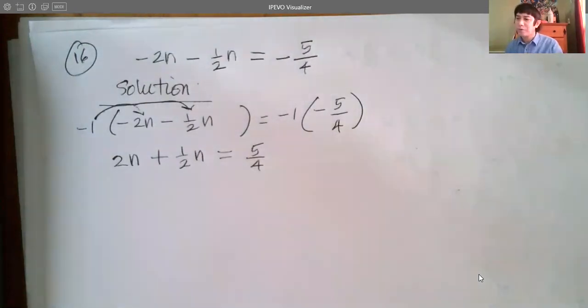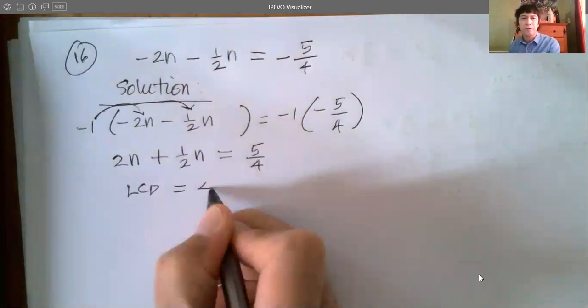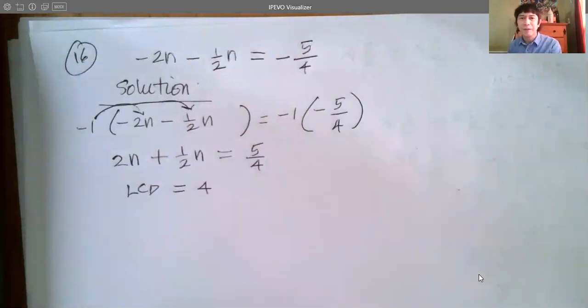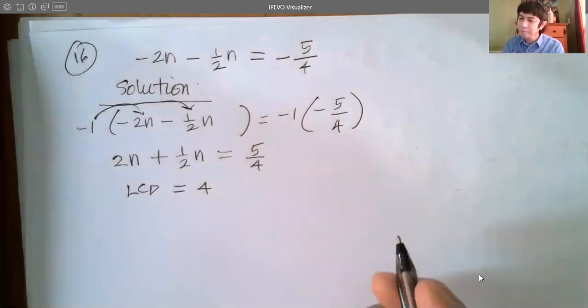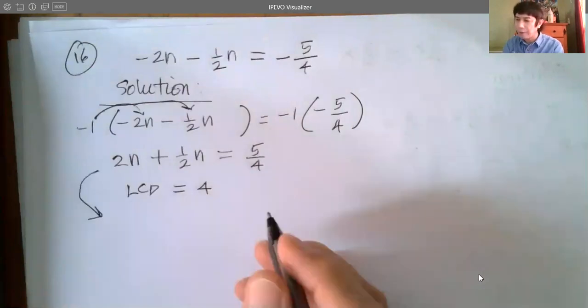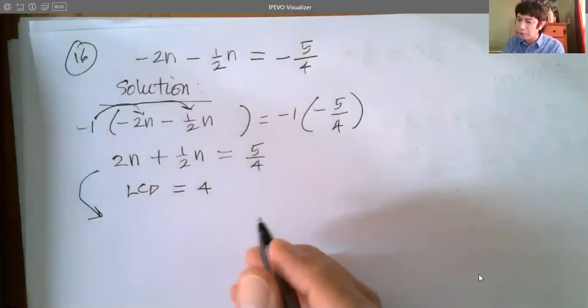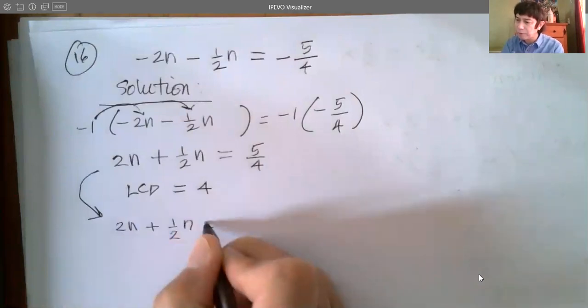So just like before, we're going to use our LCD, 4. And we're going to use this as the multiplier for this example 16. So we will just rewrite this again: 2n plus 1/2 n equals 5 over 4.